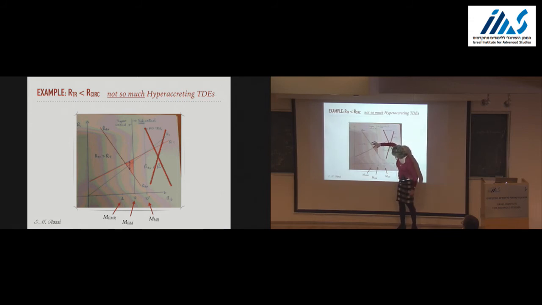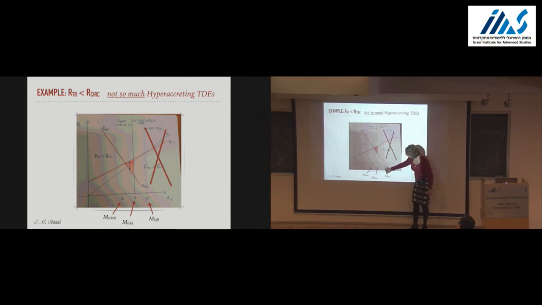So between here and here, we are in the hyperaccreting regime, and the trapping radius is smaller than the circularization radius. So between 10 to the 6 and 10 to the 7, we are in the slim disk regime. Below that, the trapping radius is larger than RT, and I will explain what happens.